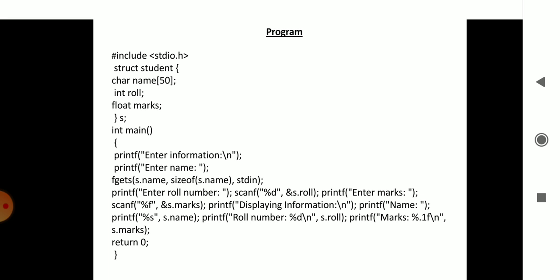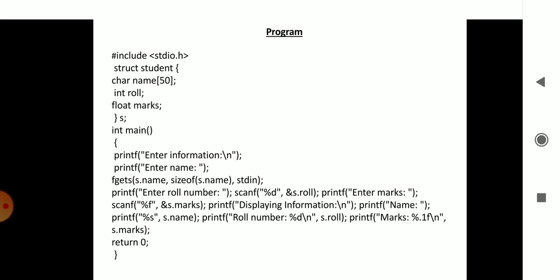In the next line, printf enter the roll number. So in this case, it displays the message enter roll number. Then the user enters a roll number, and we know we use the input statement scanf to accept integer values using the %d and ampersand s dot roll. Roll is the variable declared to accept the roll number, so it is also a structure element.